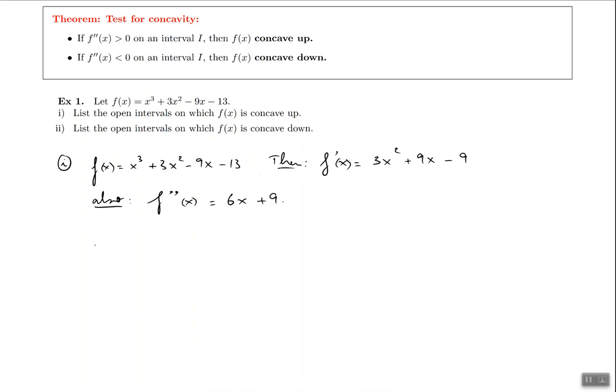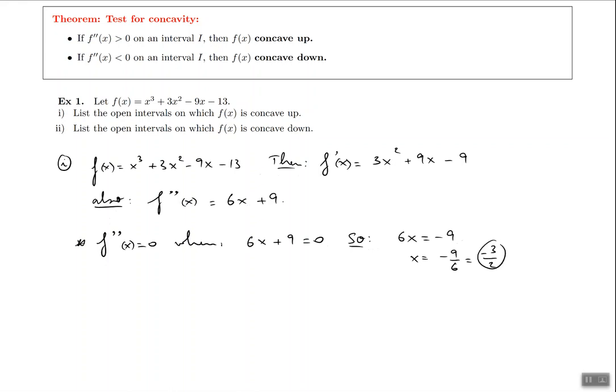Now we're going to ask ourselves the same questions that we did before. What makes the second derivative equal to 0? This happens when 6x plus 9 itself is equal to 0. That happens when 6x is equal to negative 9, which means x is negative 9 divided by 6. That's another way of saying negative 3 over 2.